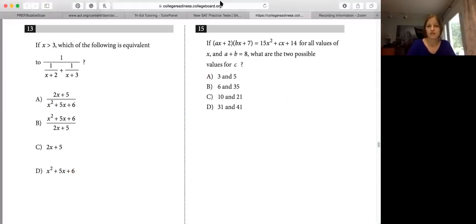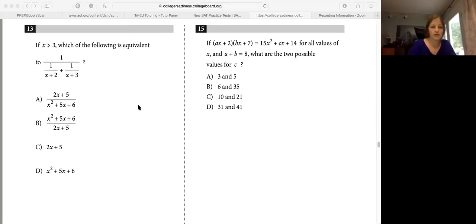So let's take a look at our answer choices. We used x equals 4, remember? And what we got when we used x equals 4 is 42 over 13.